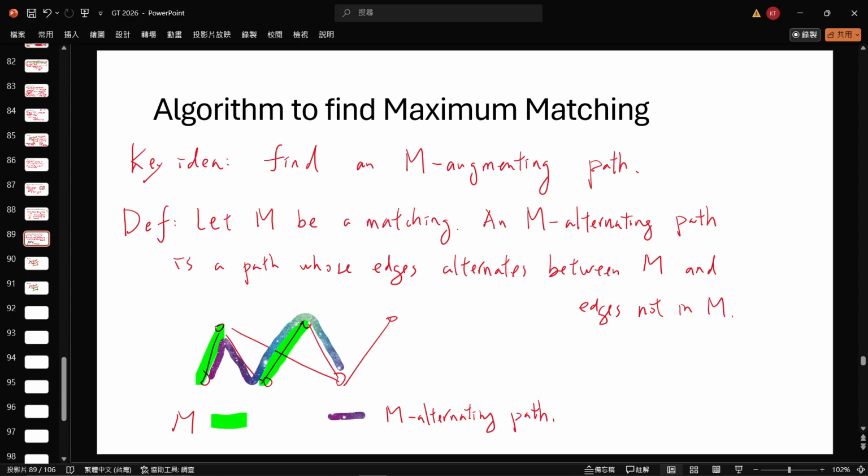Obviously, any M augmenting path is M alternating. So M alternating paths are a broader set, and an M augmenting path is a special case of an M alternating path. Any questions so far?